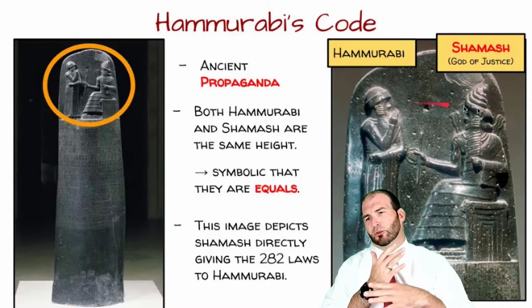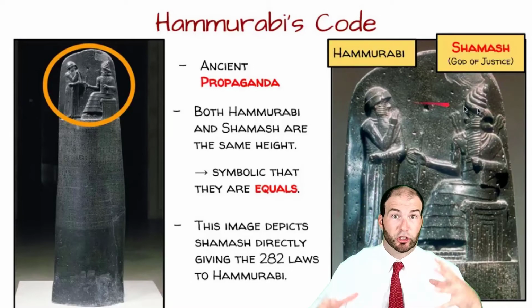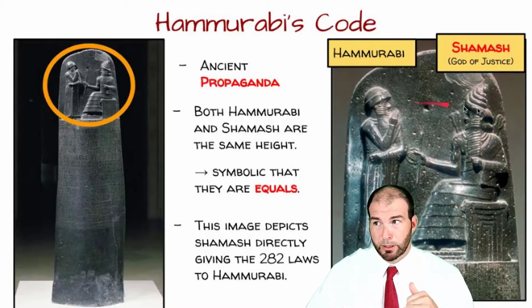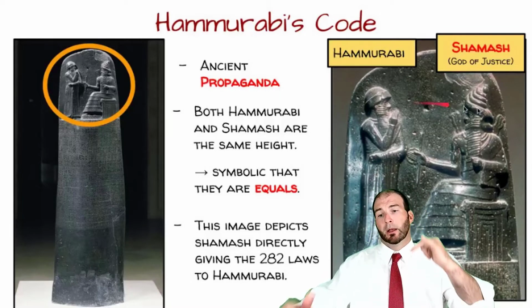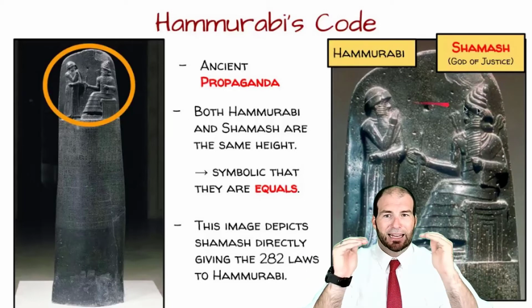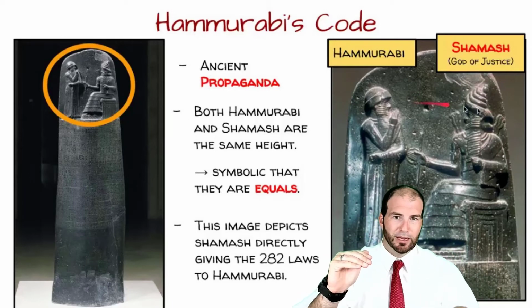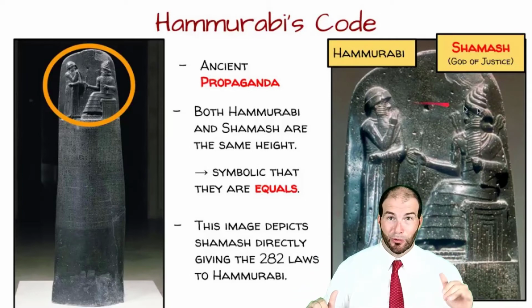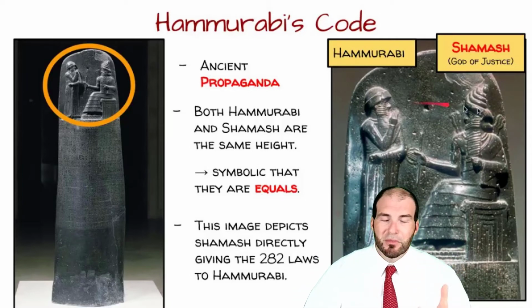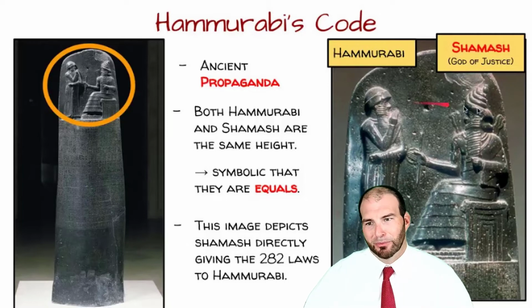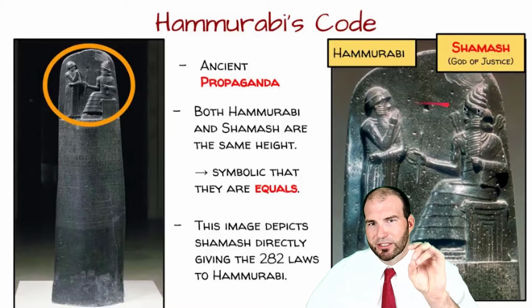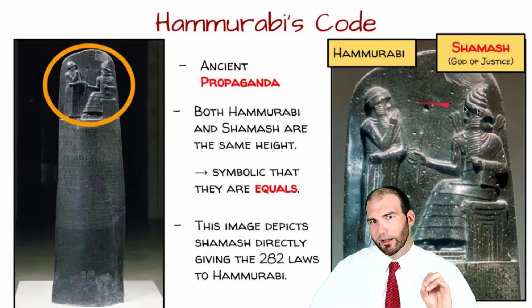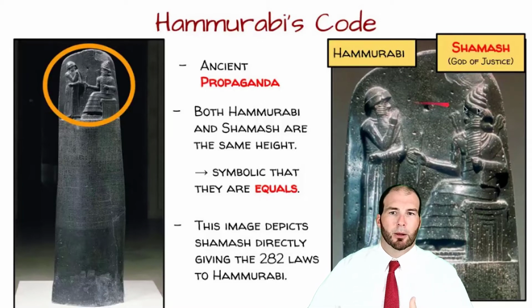One of the things I thought was really interesting on Hammurabi's Code is that it's on the stone and it's carved in here for all the people to see, so it applies to everybody equally. The image shows Hammurabi and the God of justice as equal. Now, obviously Hammurabi felt very highly of himself, but having a symbol of equality on your laws is important, because Hammurabi's like, I'm equal with God, so I have these laws.